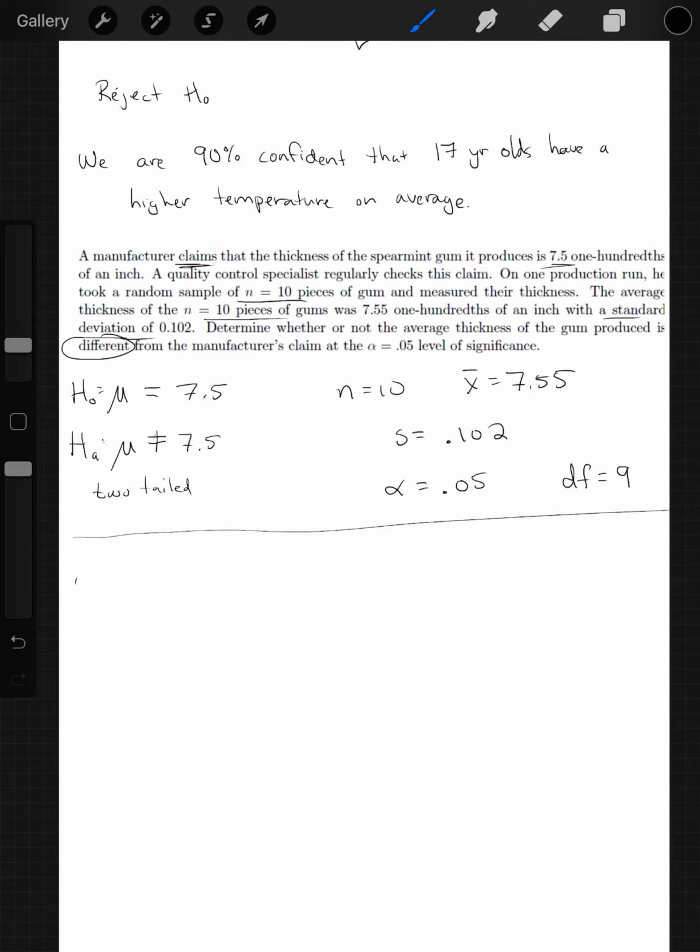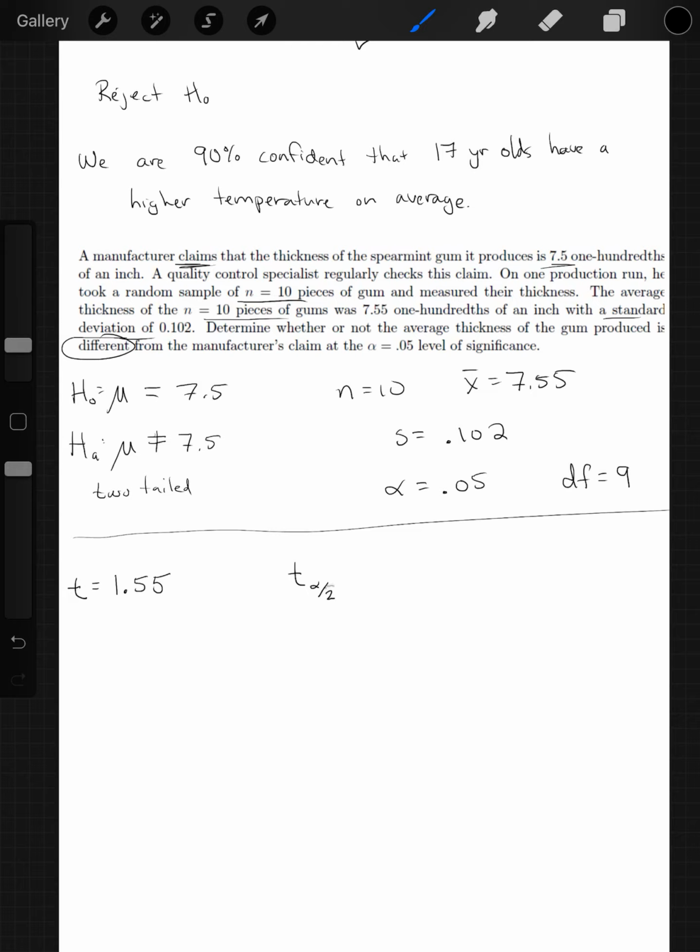We even figured out our test statistic last time, and we found that it was 1.55. Again, you can go and check back the section 10.1 video if you want to figure out where we got that. The tricky thing here is that we're now dealing with drawing a conclusion. So we need to know T sub alpha over 2, right?